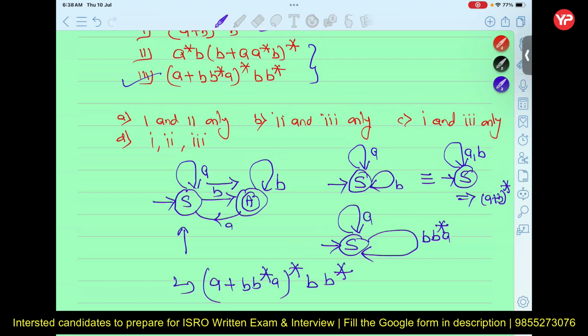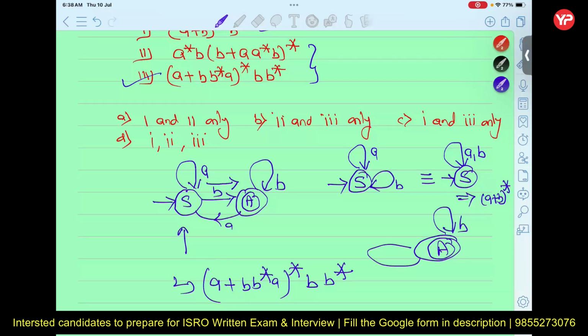Now we can do the same thing for state A. Now at the state A, we have two loops. One is a loop of B and one is a loop of A star B. Yes or no?